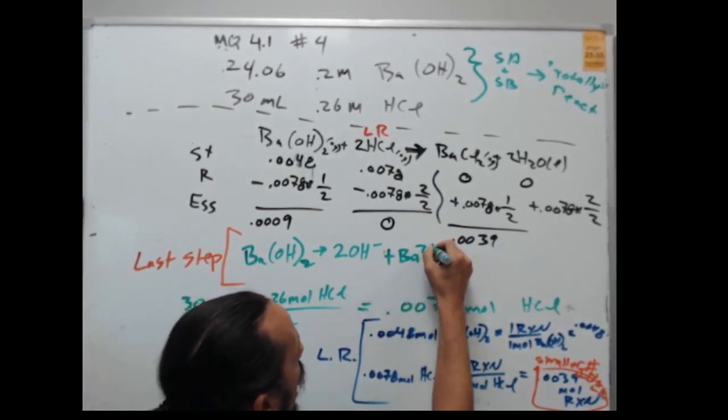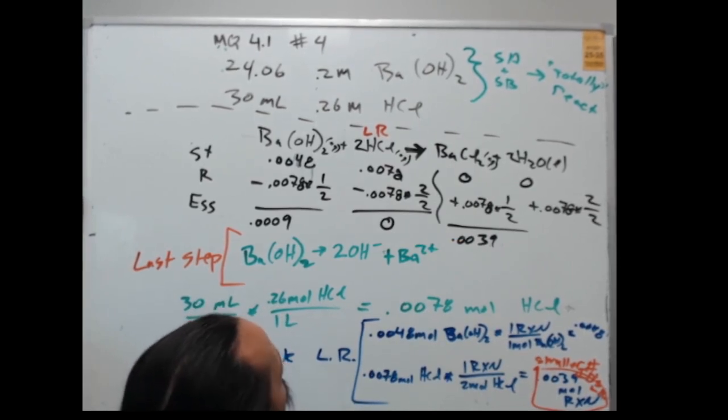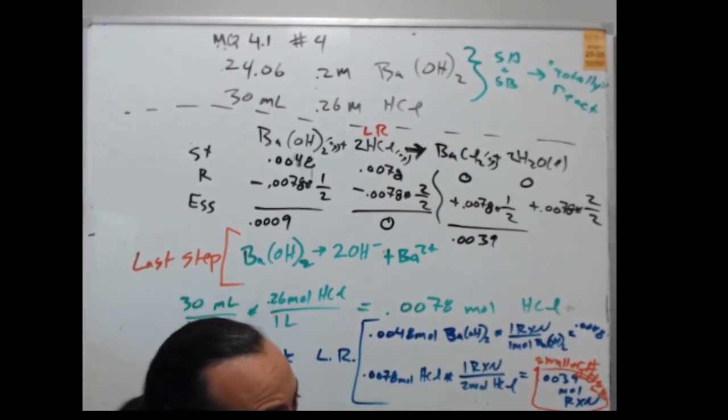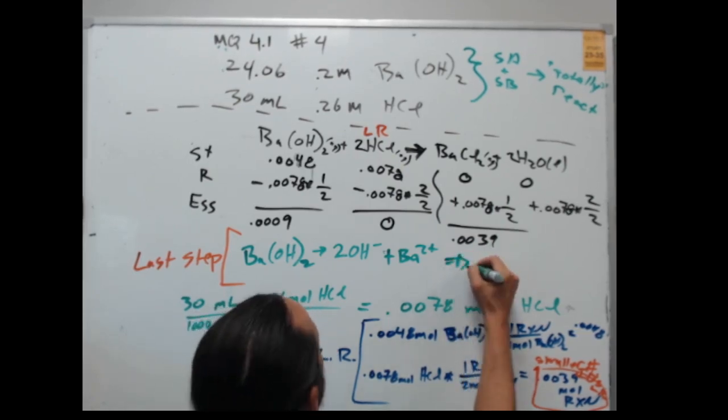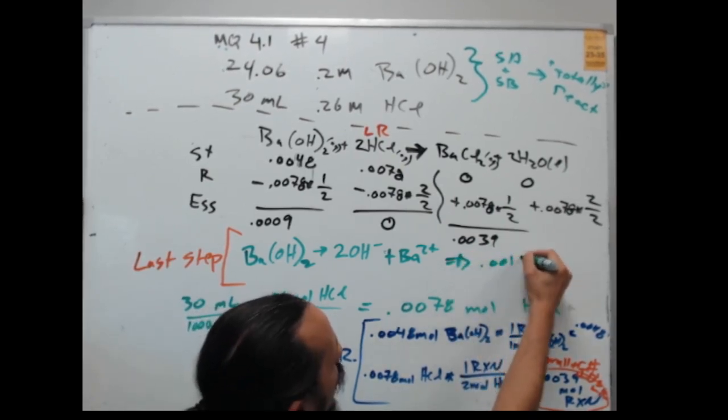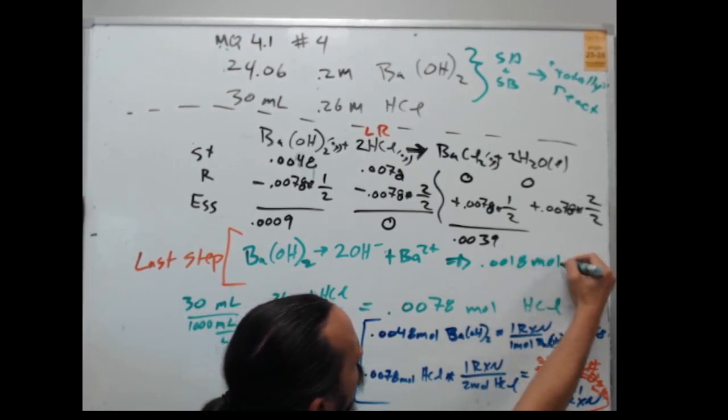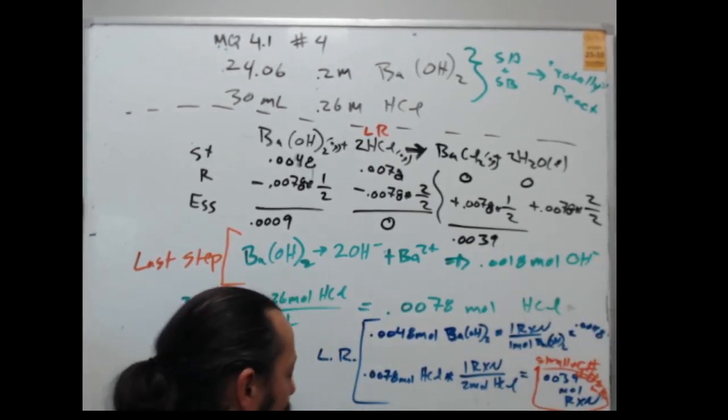So that's the 0.0009 moles of barium hydroxide times 2 over 1. So we end up with 0.0018 moles of OH minus.